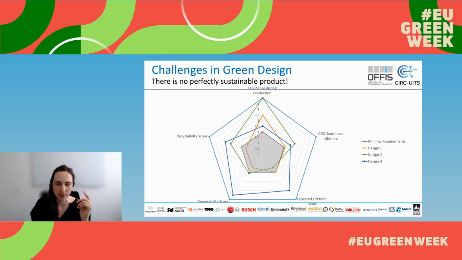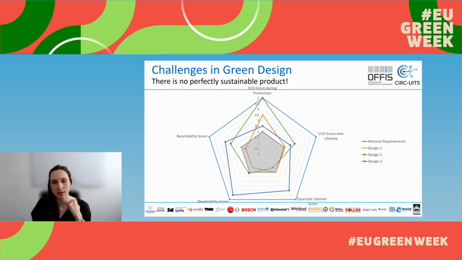For this presentation, I made all the KPIs so that 5 is always the best, so the further outside, the better my design is in terms of, for example, CO2 score, recyclability score, and repairability score. I drew some sample designs.